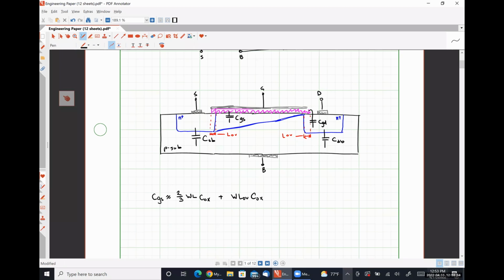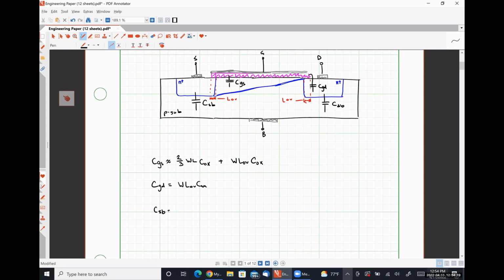At the gate drain interface, pinch off causes CGD, our gate drain capacitance, to be entirely based on an overlap. So that's just going to be W L overlap times Cox.